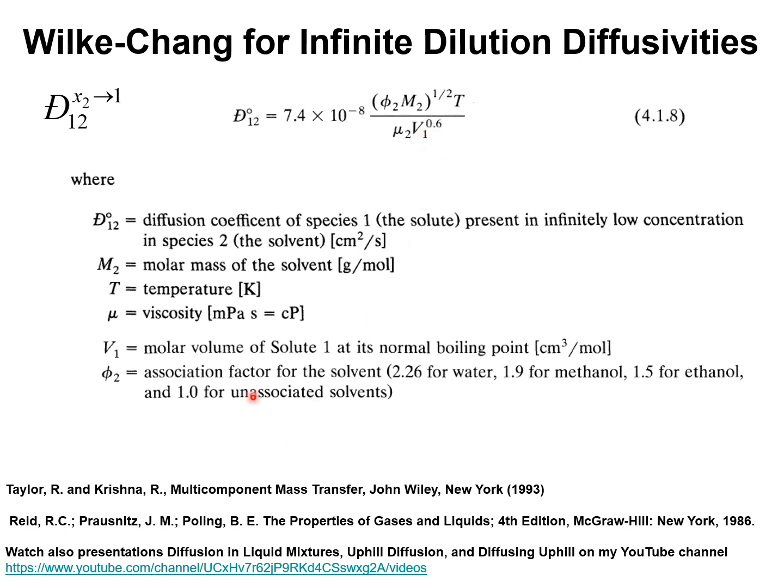And V1 is the molar volume of the solute at its normal boiling point in the units of cubic centimeters per mole. The values of mu2, V1, Phi2, etc. are available in the book by Reid, Prausnitz, and Poling, The Properties of Gases and Liquids.